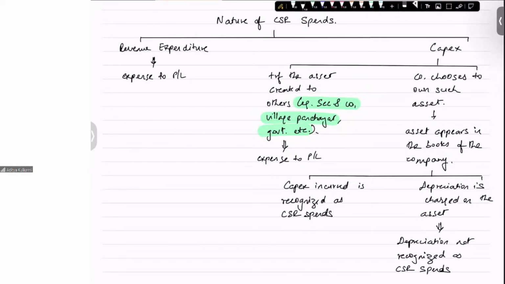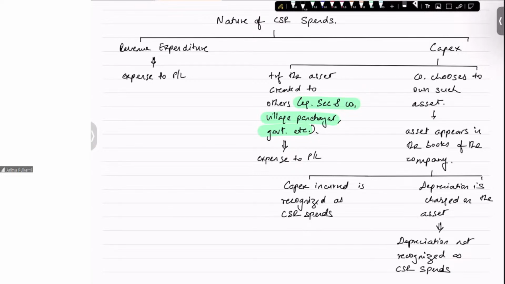So to avoid this, the company will continue to own that asset, and therefore the asset appears in the books of the company. And because the asset appears in the books of the company, we will have to treat it as a capital expenditure, and therefore we will treat it as a capex, and we will recognize it as CSR spends. P&L mein nahi dikhega, it won't be visible in the P&L, it will be visible in the balance sheet.